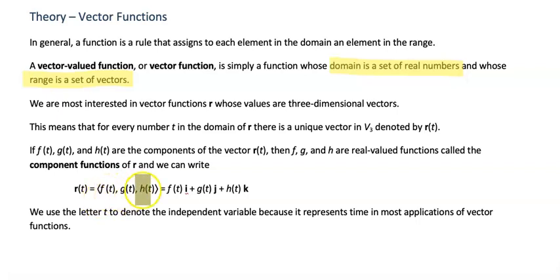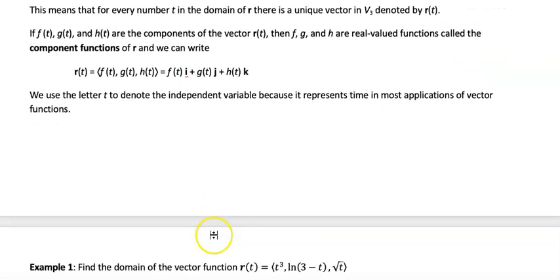Now we don't have an x, y, and z. We have an f of t, g of t, and h of t. In this case, just using the t to denote that independent variable. We can use any other variable that's not x, y, and z to denote that, but you will see t used most frequently.